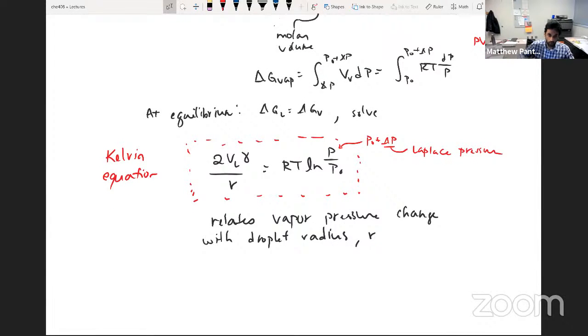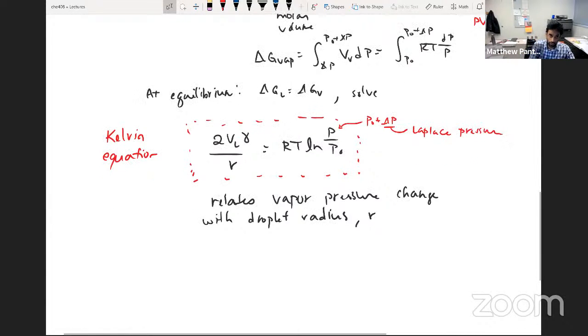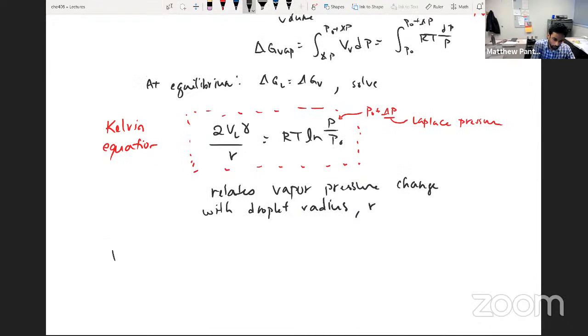A couple things that we can think about here. First is for a liquid drop. So suppose we have a droplet here that's in vapor.